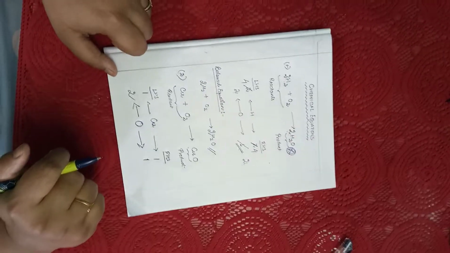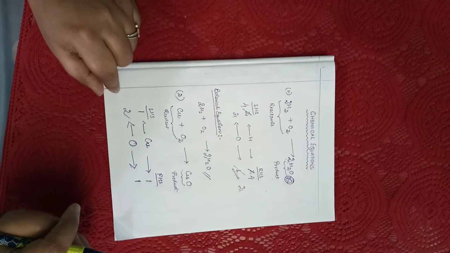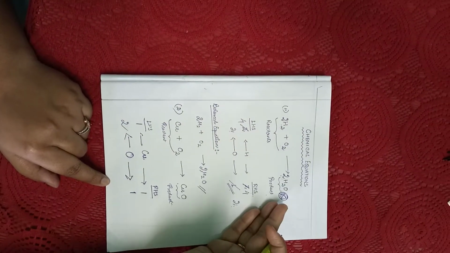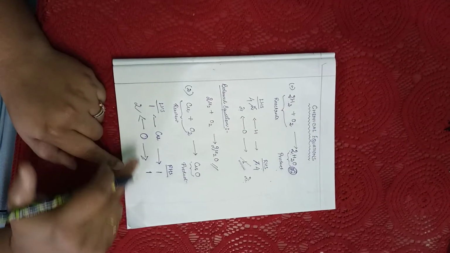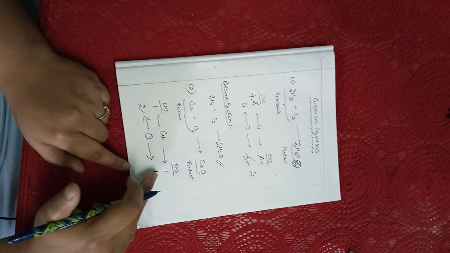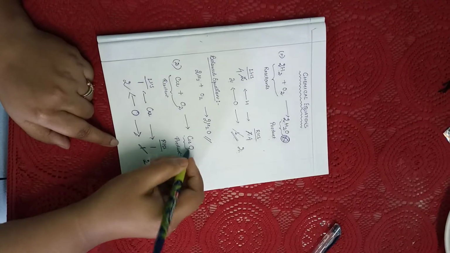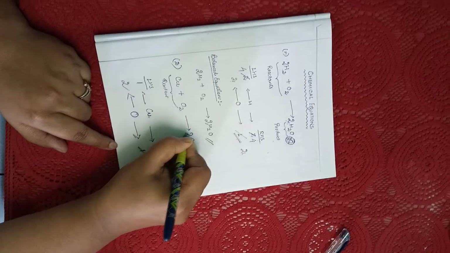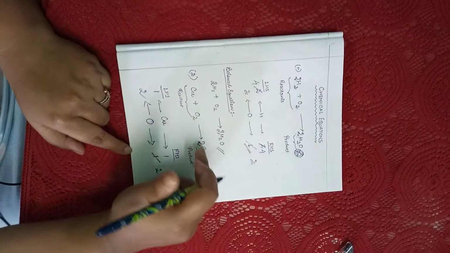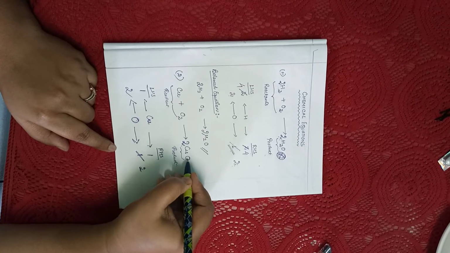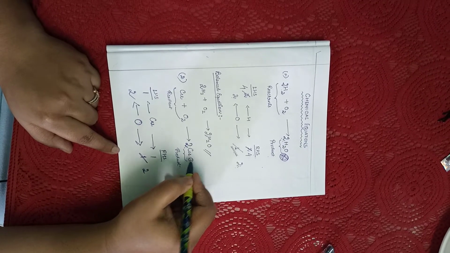So how are we going to do this? What we have to do is that we need to replace this. Alright, because I have already told you in the previous example, we cannot make the bigger one smaller, but we can make the smaller one bigger. So we are going to replace this by 2. When we are going to replace this by 2, we need to place a 2 in front. Yes, okay, so this 2 is applicable both for copper as well as for oxygen, right? Okay, great.